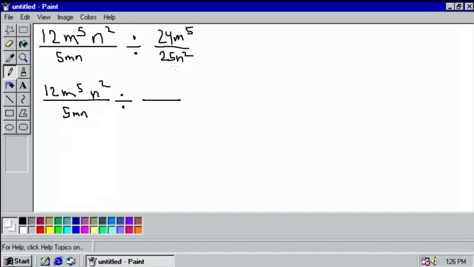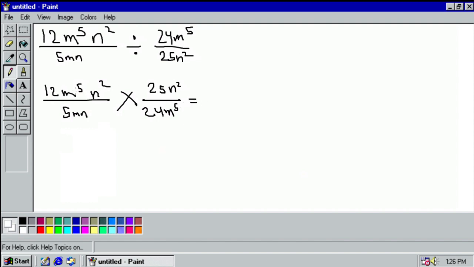So we're gonna put 25 n squared on the top and 24 m raised to 5 on the bottom, and this will not be a divide, it will become a multiply.